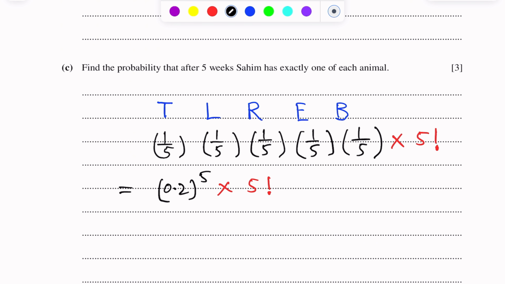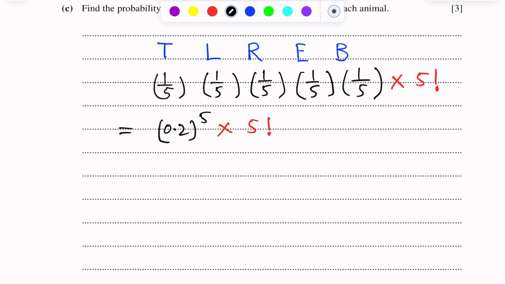Answer will be 24 over 625, in decimal places correct to three significant figures, 0.0384. This is the answer.